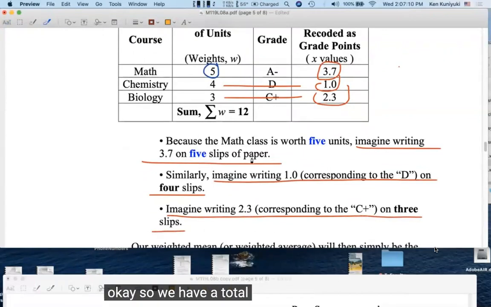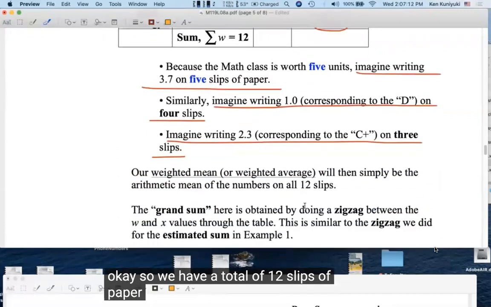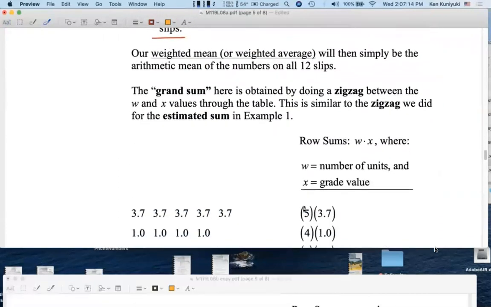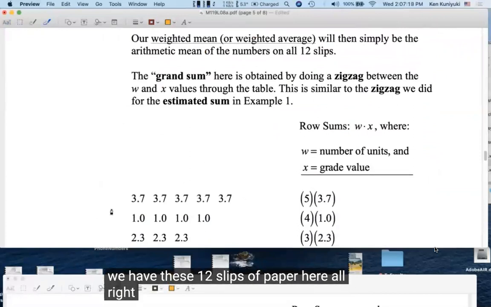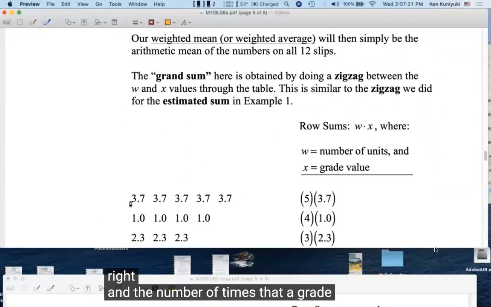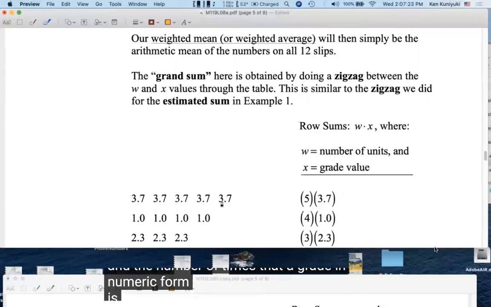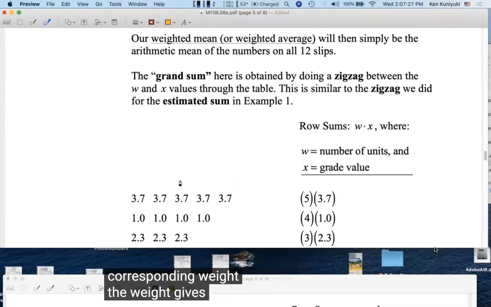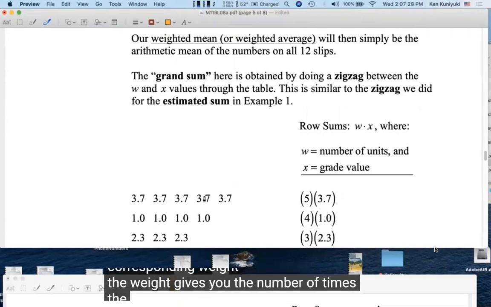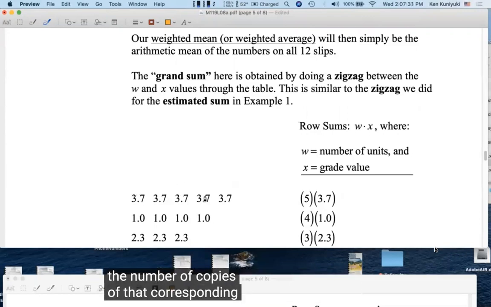Okay, so we have a total of 12 slips of paper. The number of times that a grade in numeric form is copied corresponds to the weight. The weight gives you the number of copies of that corresponding numeric grade.